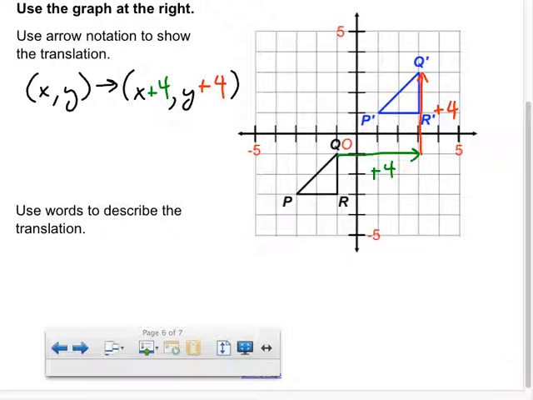Now, use words to describe the translation. Can you use words to describe the translation? This thing to that thing. What's your question? If somebody just went 2 units to the right and then went up, would that still be the same thing? So they went 3 ways instead of 2.